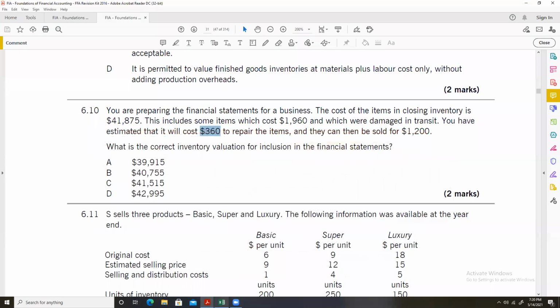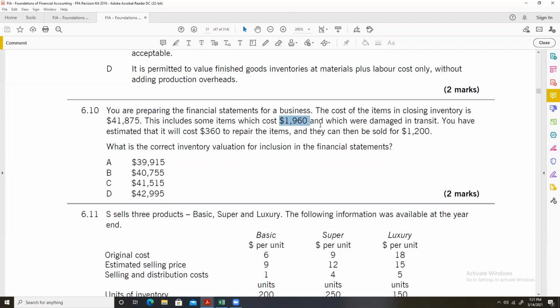Now, how much did these goods cost? These goods actually cost $1,960.